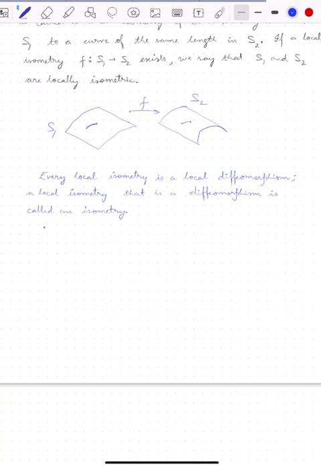And of course, the properties are that the composite of local isometries is a local isometry, and then point two is that the inverse of an isometry is also an isometry.